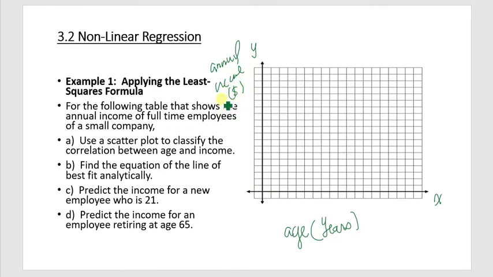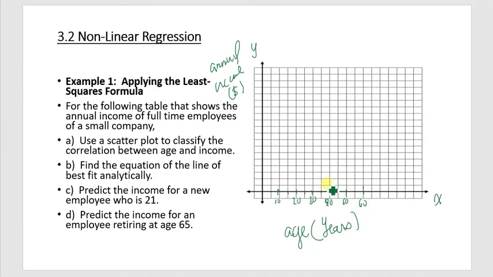The age in years has to go up to, it looks like, 54. So let's go 5, 10, 15, 20, 25, 30, 35, 40, 45, 50, 55, 60. That's good.